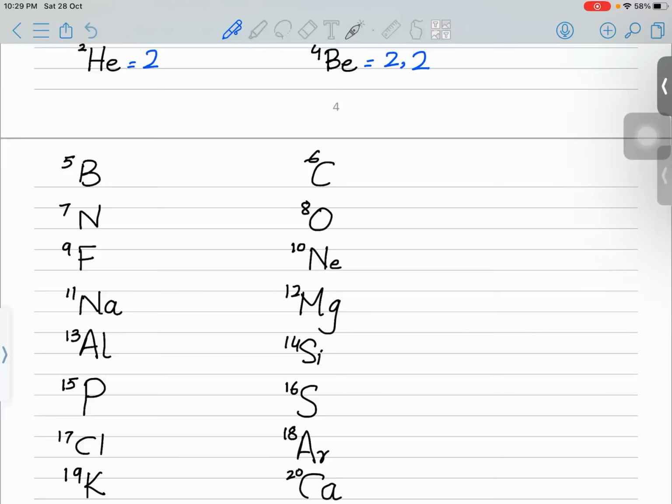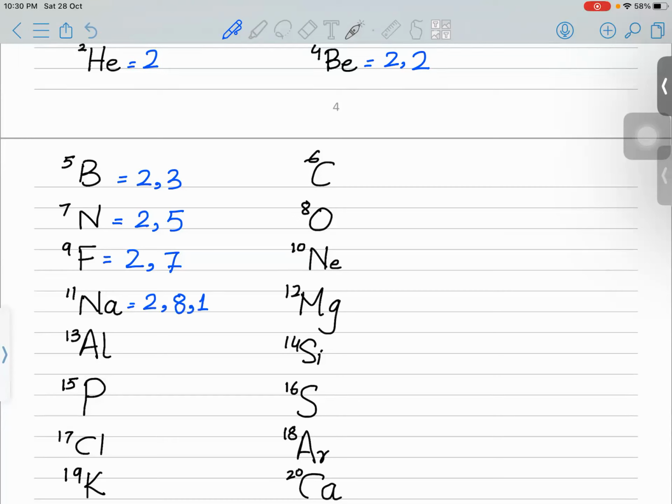Boron, 2,3. Nitrogen, 2,5. Correct. Fluorine, 2,7. Then sodium, 2,8,1.